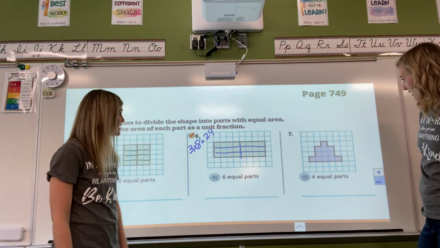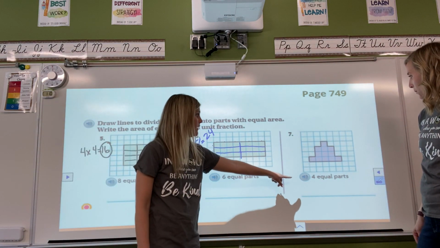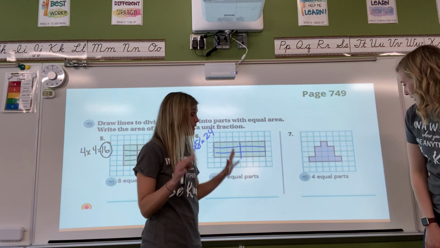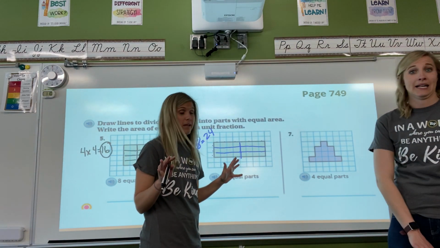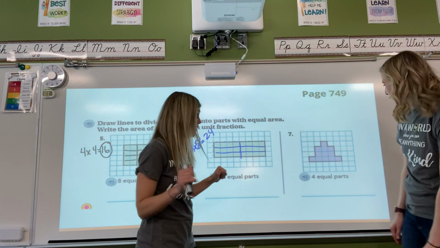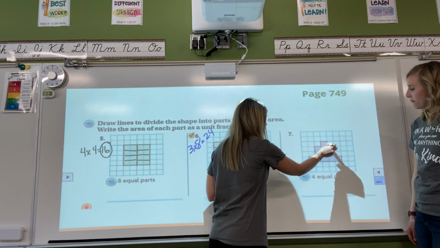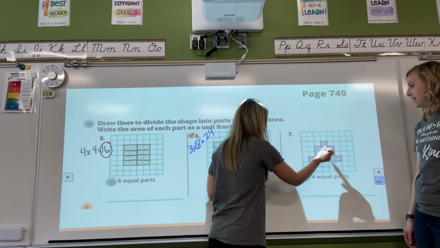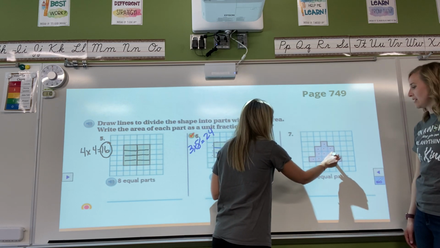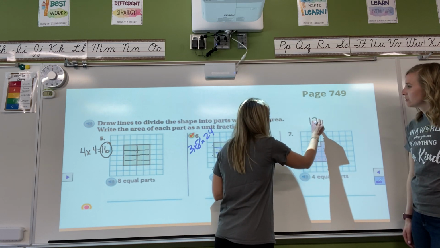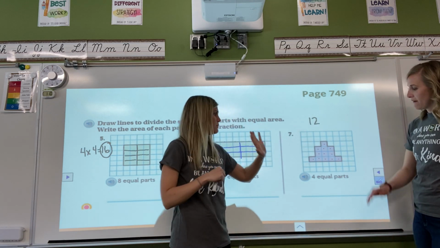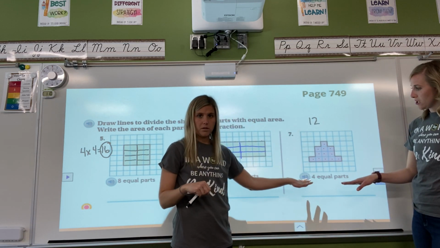Cool. All right. And whoa. Well, I can still find the area, but I cannot do length times width. So I'm just going to count out the area. 1, 2, 3, 4, 5, 6, 7, 8, 9, 10, 11, 12. So the area is 12, and it needs to be split into 4 equal parts.